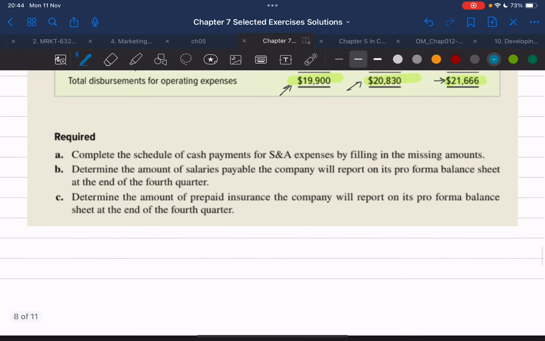And then the last requirement, C, determine the amount of prepaid insurance the company will report on its pro forma balance sheet at the end of the fourth quarter. Now this one is interesting. Remember in the question, they told us that they paid in advance the insurance premium for 6 months, right? And this was paid in October, the first month of the quarter.